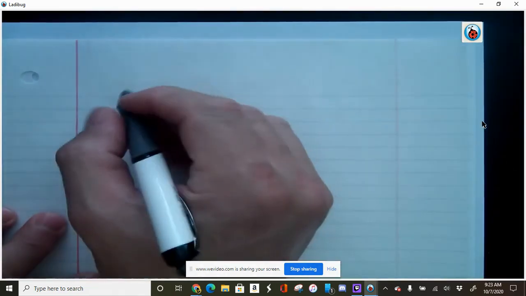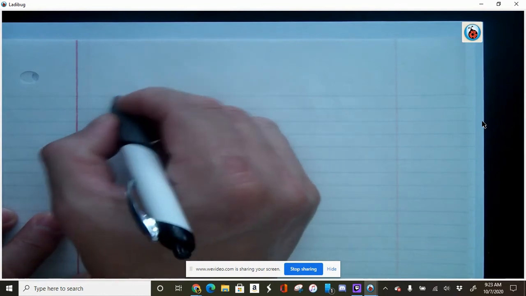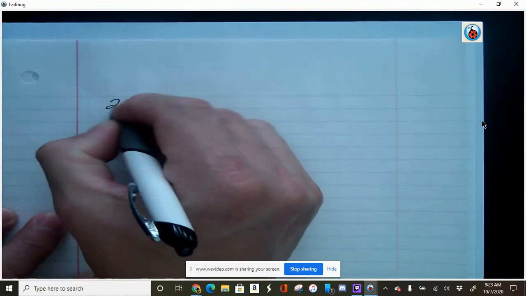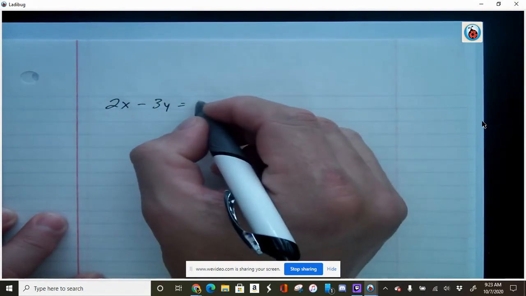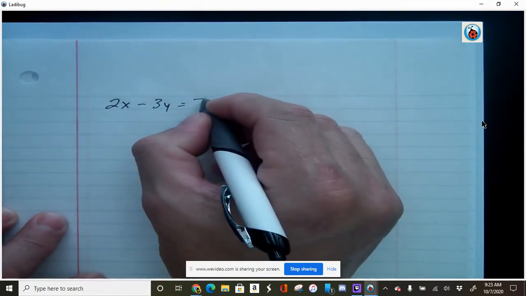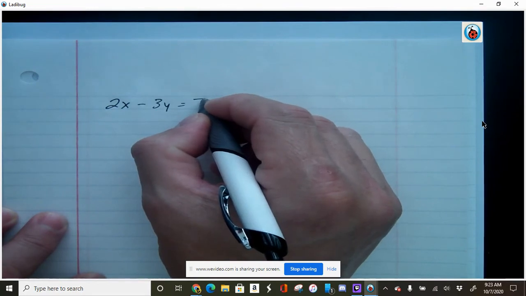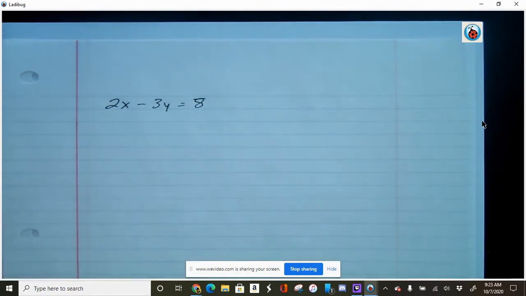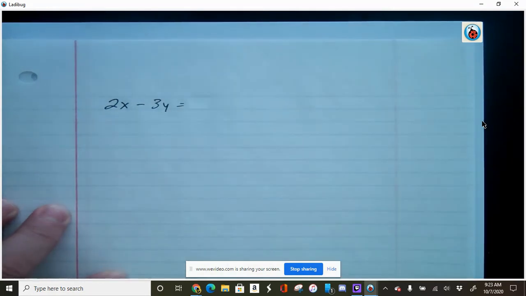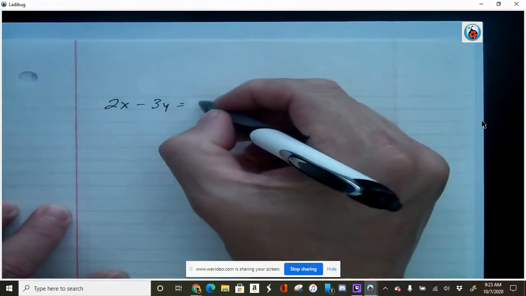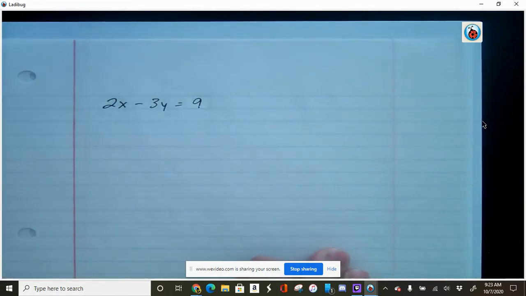All right, so let's say that we have, and I'm just making this up, 2x minus 3y is equal to, let's say 8. No, 8 is not going to be a good number. Let's make it 9. Okay, that might be a little bit better.